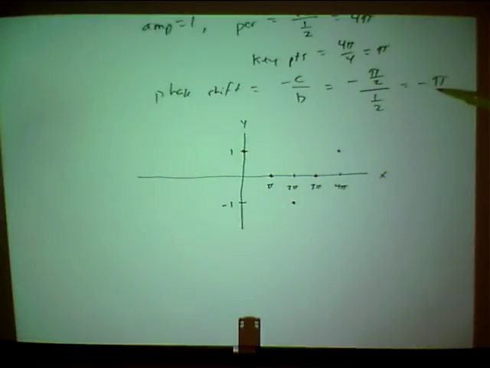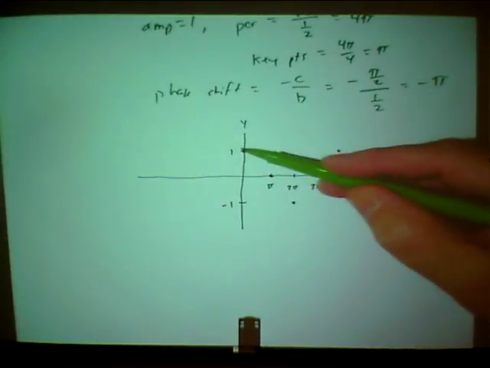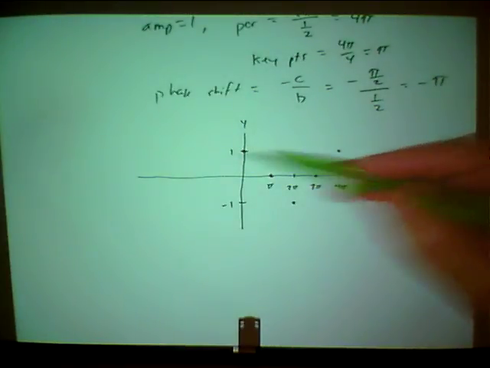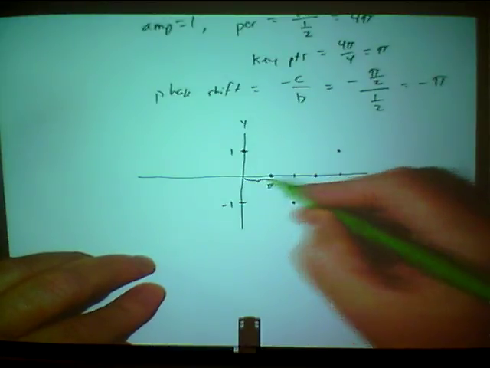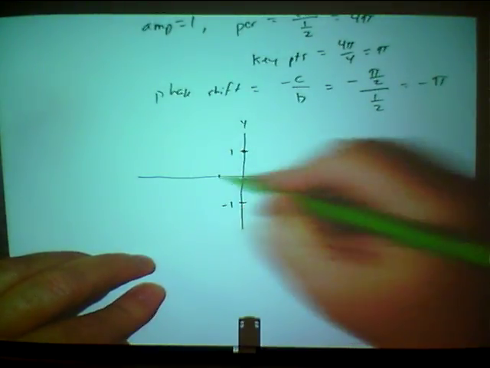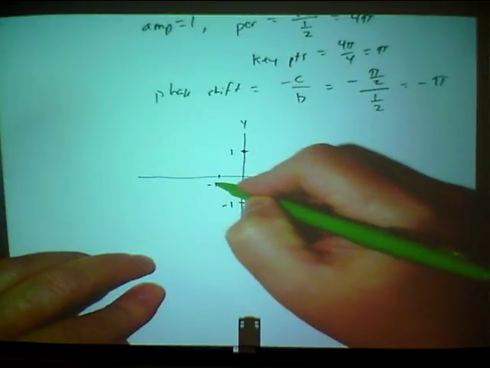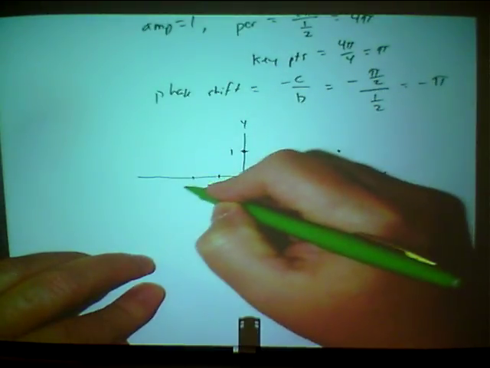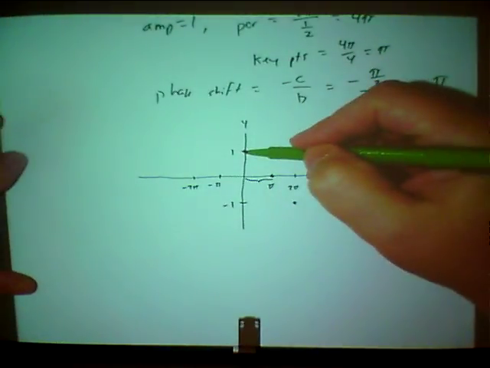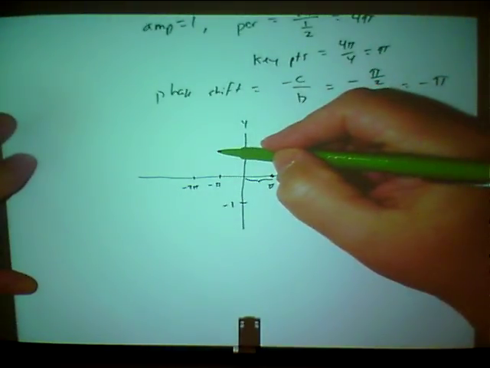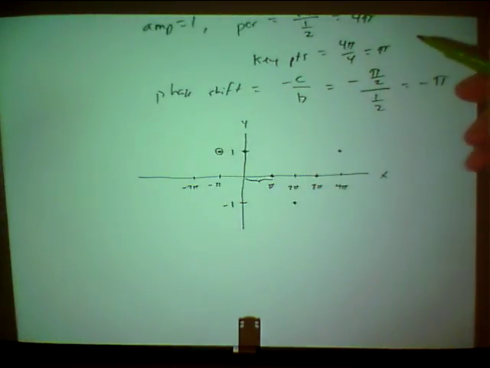The phase shift is negative pi. So what that really says is each of these points gets shifted to the left by pi. It looks like pi is this distance right here. In fact, I can mark on my graph negative pi, negative 2 pi. So I'm going to take each of my points, and I'm going to move it this distance to the left, and I'm going to sort of circle it so I know these are my new points.